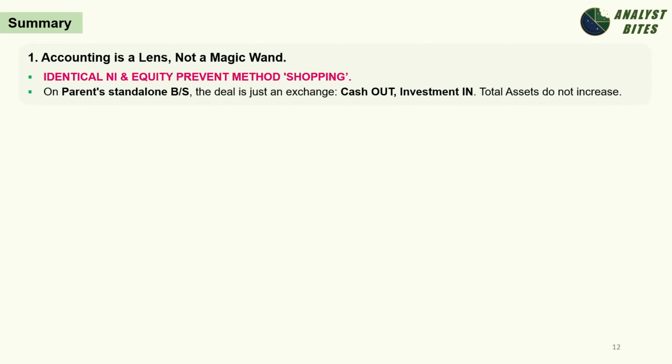Therefore, no matter the method, the final net income and equity attributable to the parent must be identical. Here is a quick review of the other key points. At the parent separate level, the deal is just a reclassification of assets. Cash goes down and investment goes up. No new assets are created out of thin air.